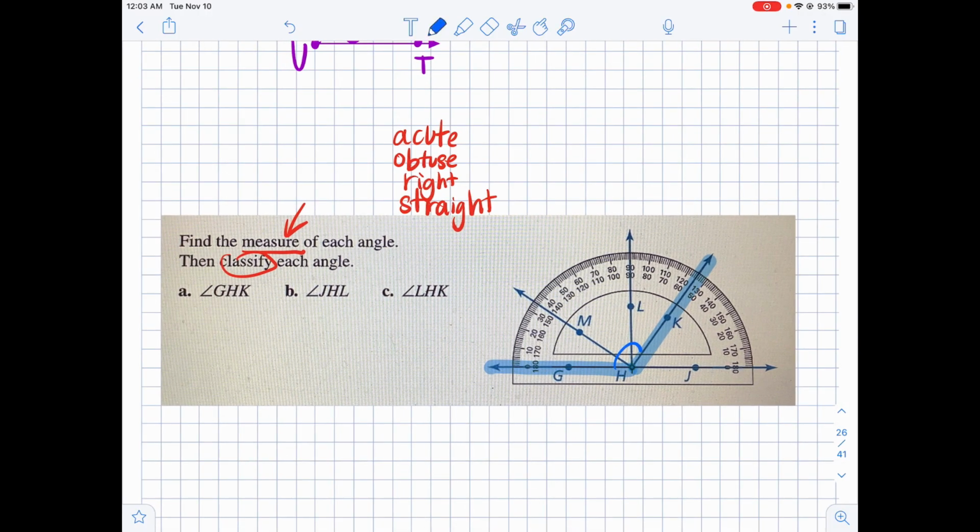So the measure of angle GHK is 125 degrees. And based on my definitions, it has to be more than 90 and less than 180, which is going to be our obtuse angle, right? Obtuse angle. Press pause and go ahead and do the last two, B and C.